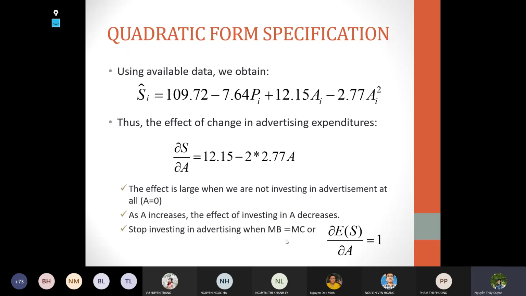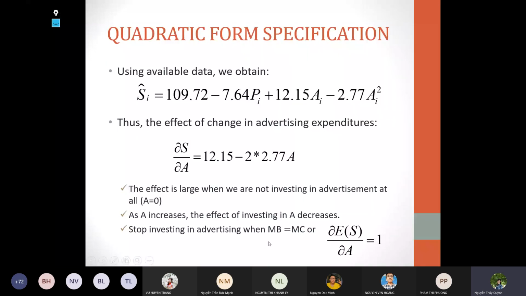That is the first derivative of sale with regard to advertising expenditure. This is the marginal benefit of increasing one additional unit of advertising expenditures.